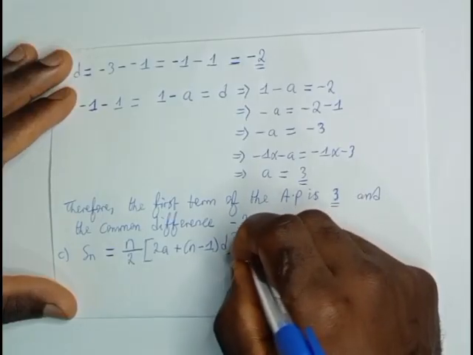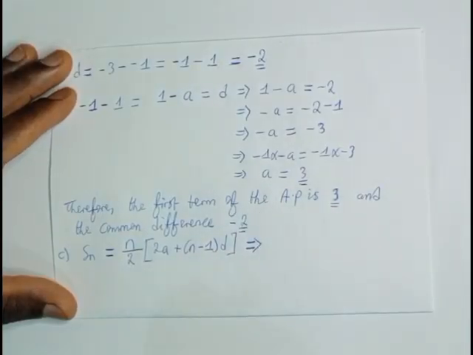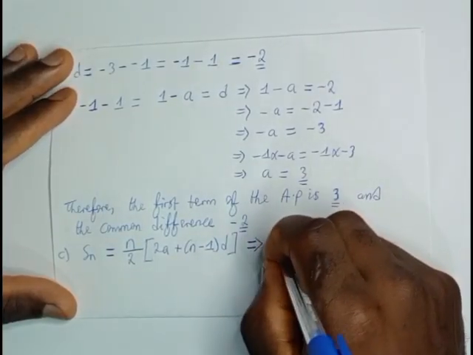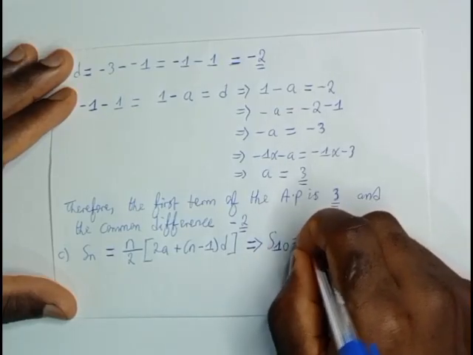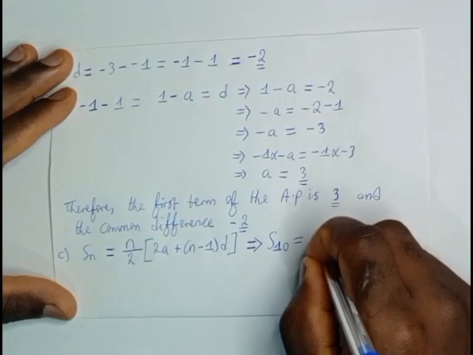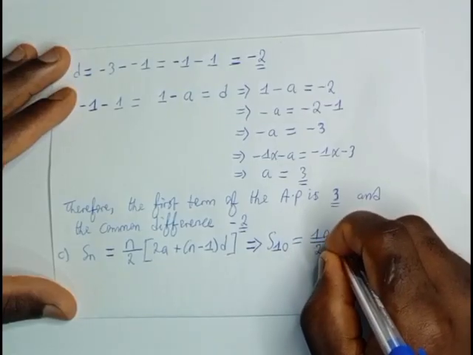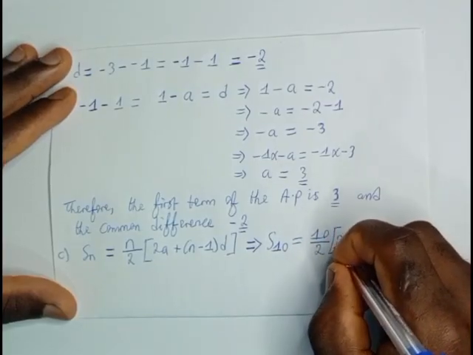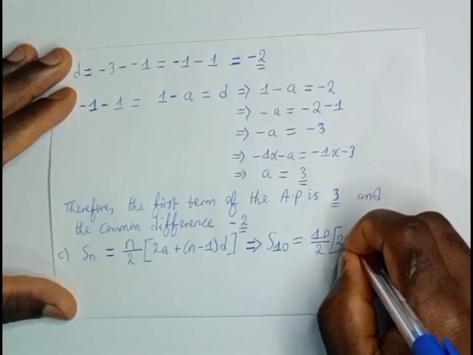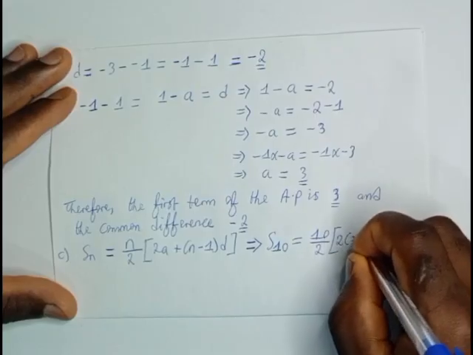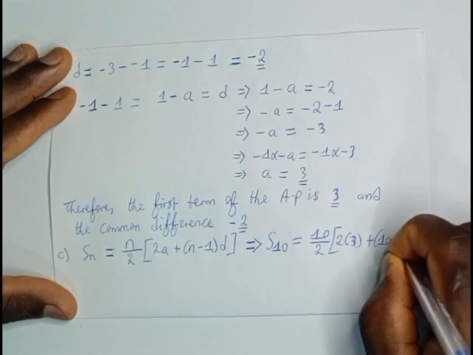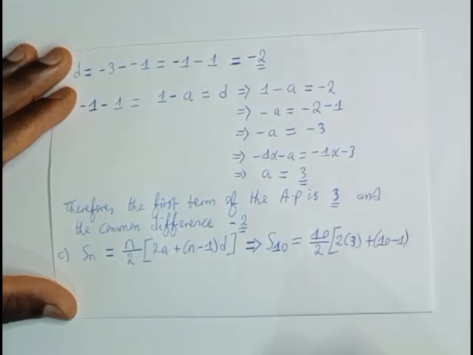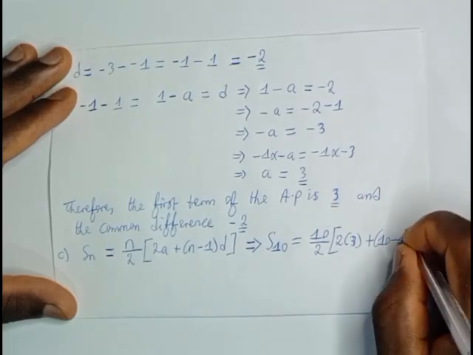Making use of this formula, the sum of the first 10 terms will equal 10 divided by 2 times 2 times a, the first term is 3, plus 10 minus 1 times the common difference, which is negative 2.